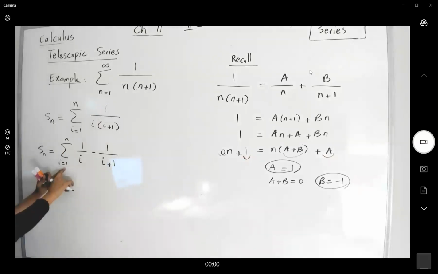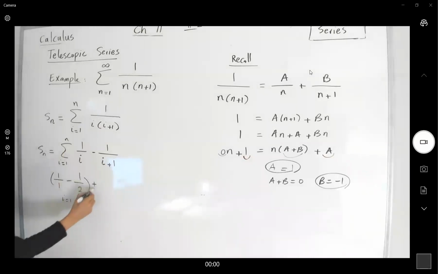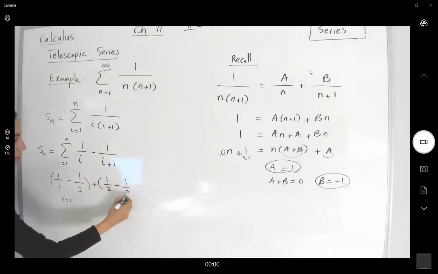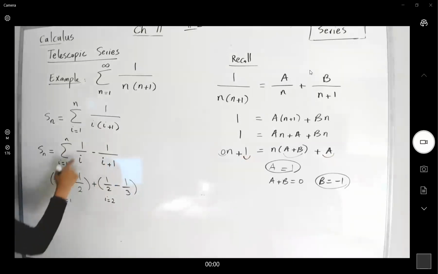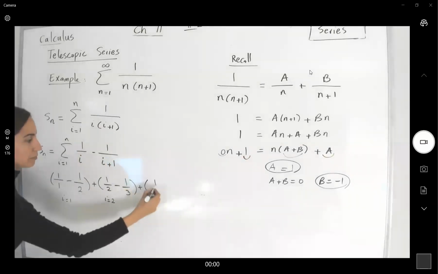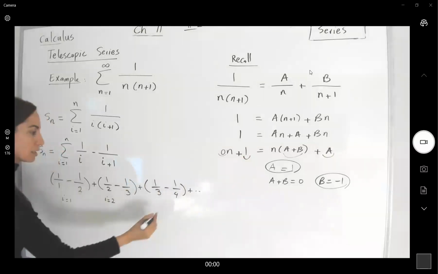Let us start plugging in values for I to see the behavior of the partial sum. I is equal to 1, so you get 1 over 1 minus 1 over 2. I is equal to 2, you get the second addend, which is a half minus a third. If I is equal to 3, you get a third minus a fourth, plus the rest of the terms.